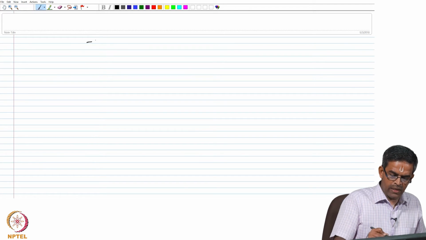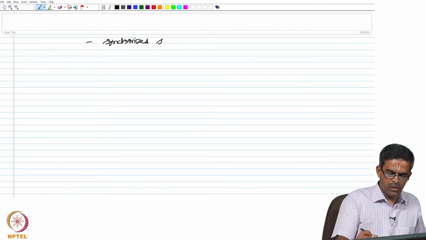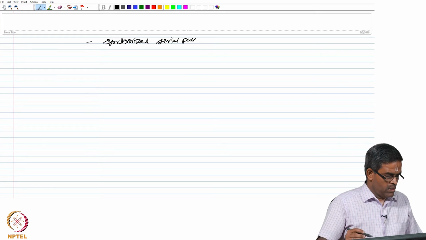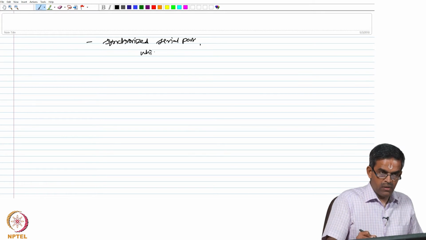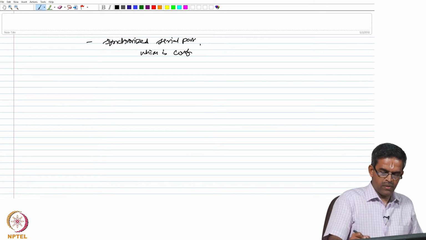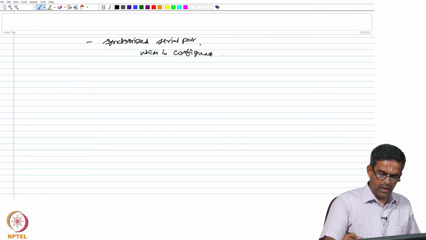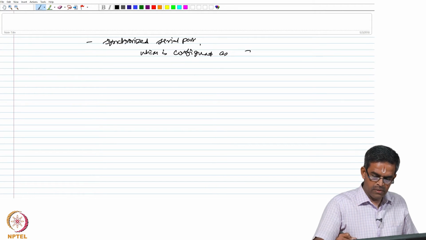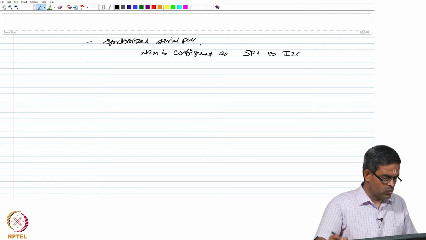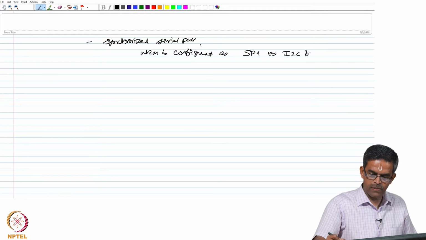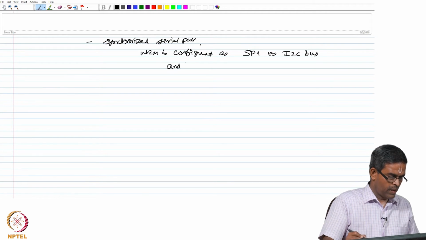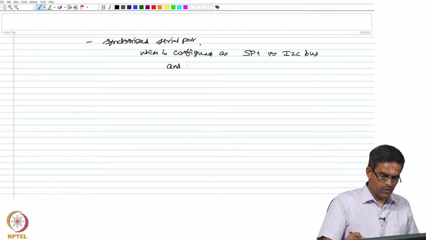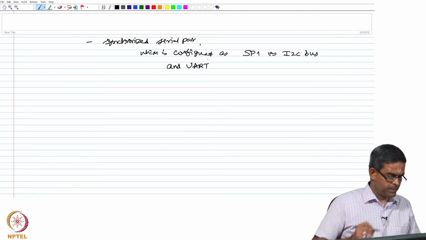It has got a synchronized serial port, which is configured as serial port 1 or I2C bus and UART.